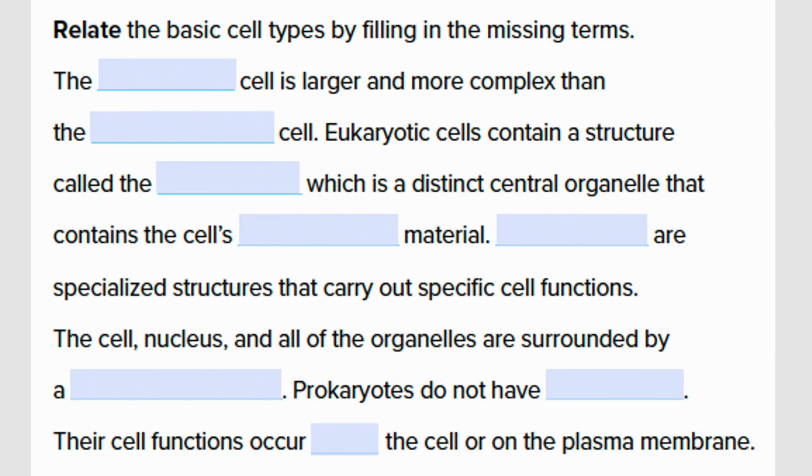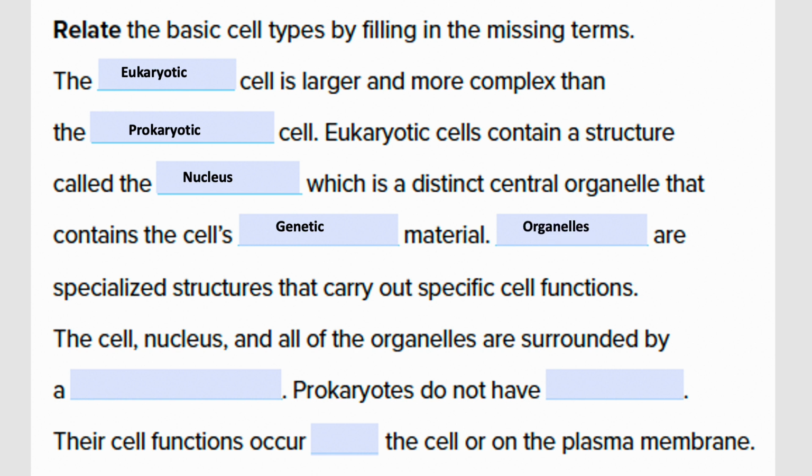So let's fill this out and relate the basic cell types by filling in the missing term. So the eukaryotic cell is larger and more complex than the prokaryotic cell. Eukaryotic cells contain a structure called the nucleus, which is a distinct central organelle that contains the cell's genetic material.